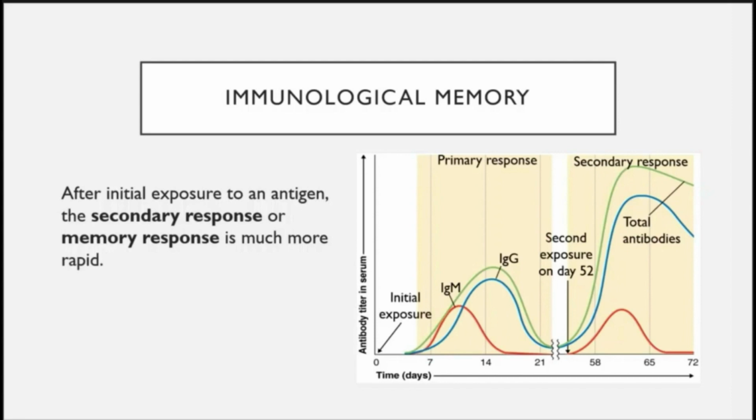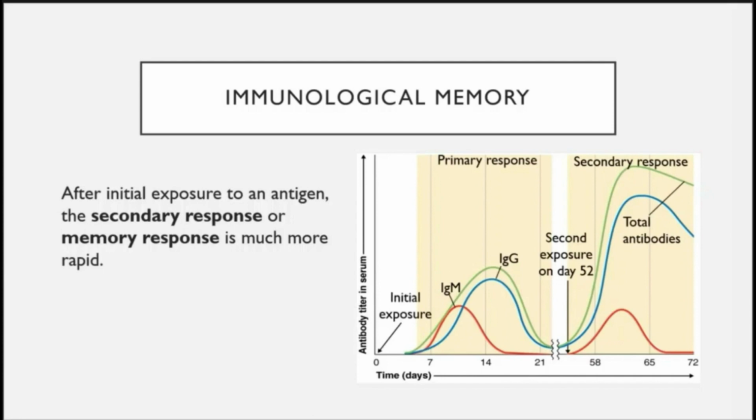As previously mentioned, the first antibody on the scene is IgM. So you see that IgM doing an initial peak, and then it is slowly replaced with IgG, which is the primary antibody in the blood serum. And therefore we see IgM drop down and IgG increase.